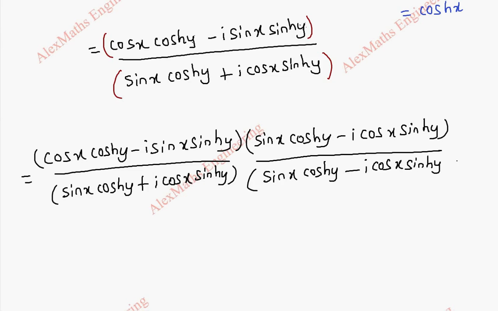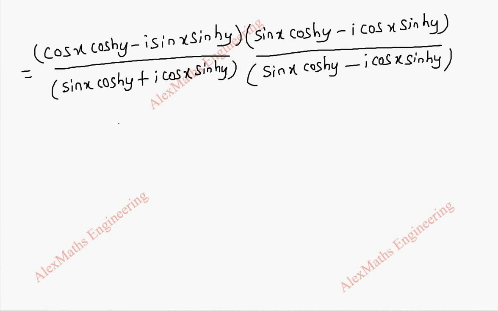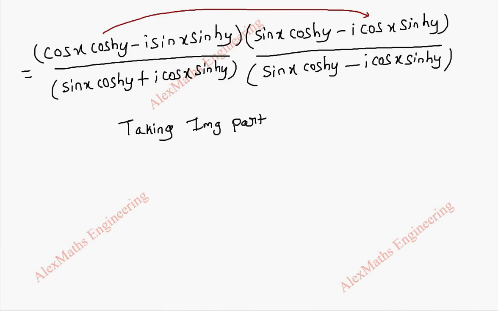Now since we need v, I am going to take only the imaginary part. So for getting imaginary part, this entire term should be multiplied with this i term. Similarly, this entire term should be multiplied with this i term.